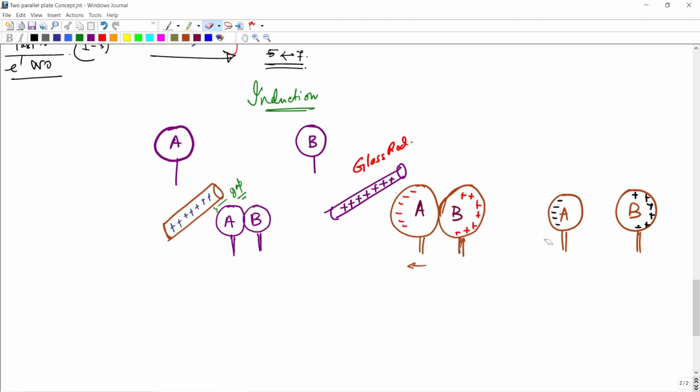Now these charges are fully distributed over A and B. Fully distributed on the minus side, and here distributed with plus.